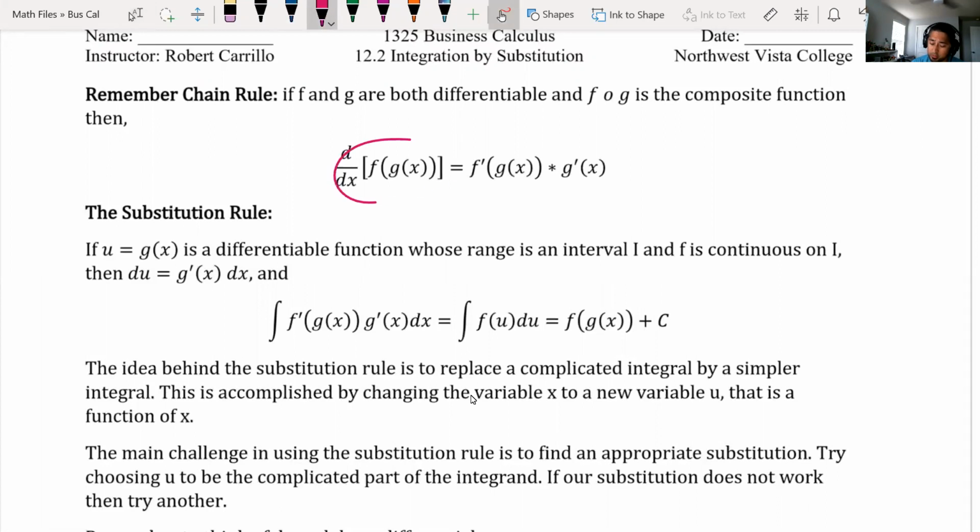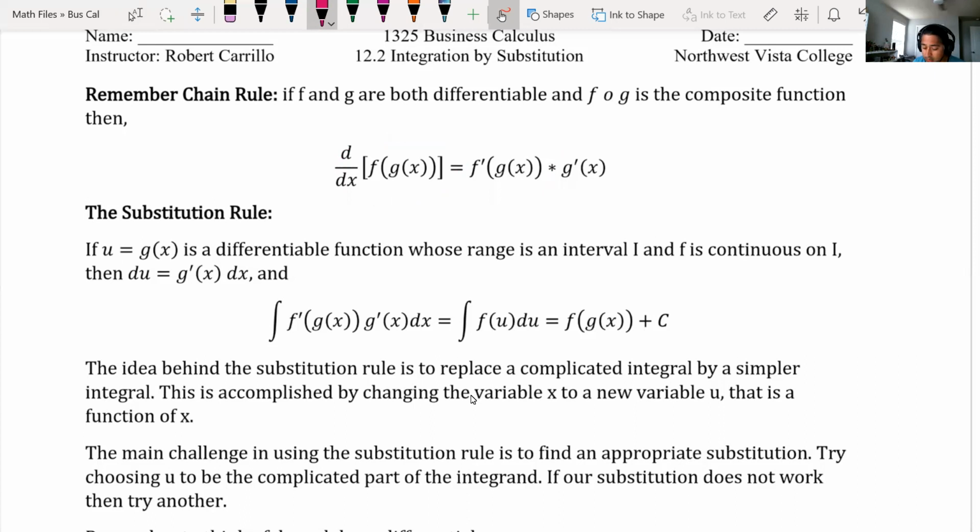was, if you took the derivative of a composite function, so a function made of multiple functions, the chain rule gave you the derivative of the outside times the derivative of the inside. Well, now we are going to reverse that process by using antiderivatives, by using integration.